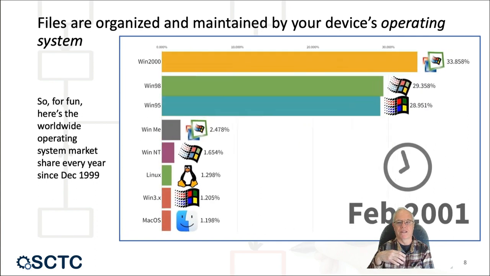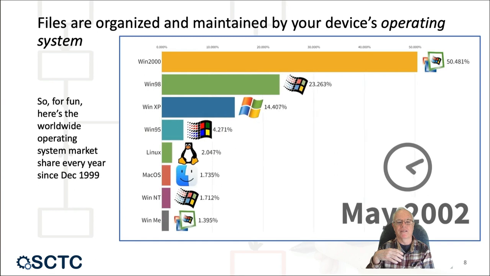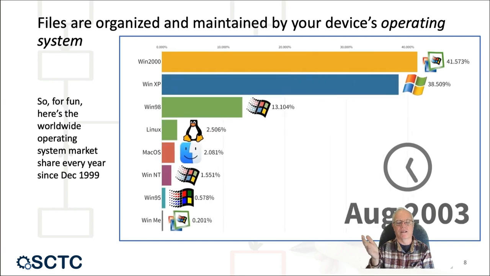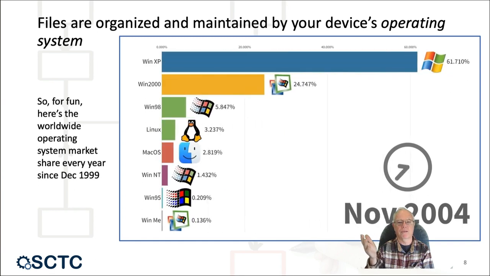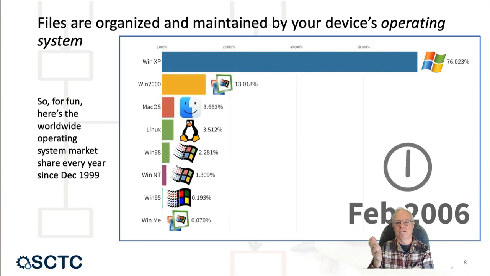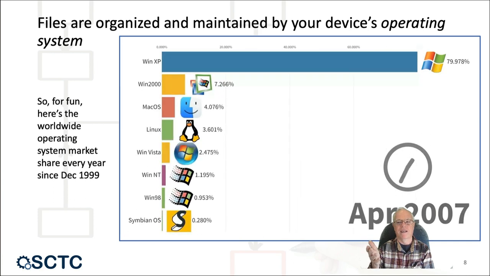So as we zip forward in time, we can see Windows is always at the top. So Windows XP, this is how Bill Gates got rich right here. And you can see in 2007, Windows XP has 80% of the market share. Okay, we still don't have any phones, but what happens in the summer of 2007?